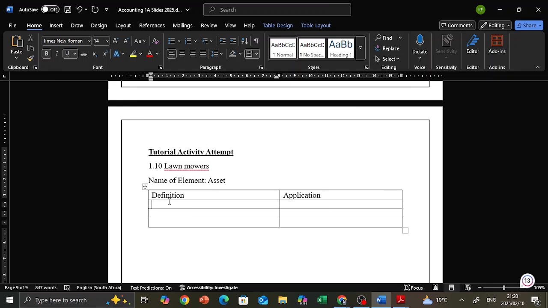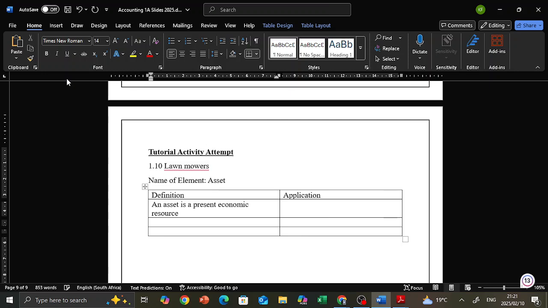So for asset, we're going to start with asset. Okay, hold on. An asset is a present economic resource.